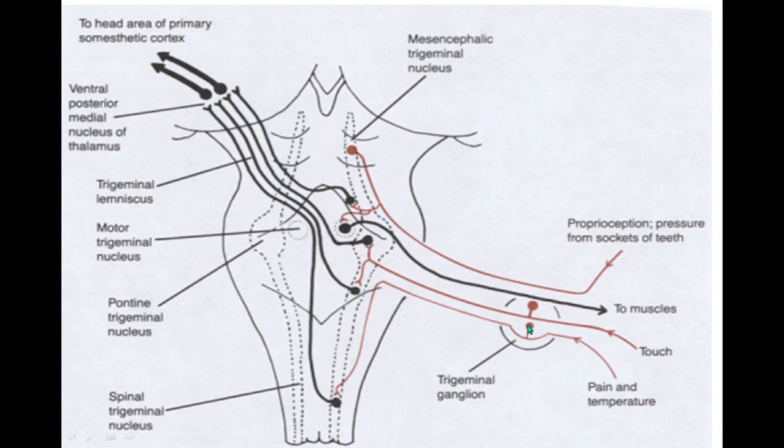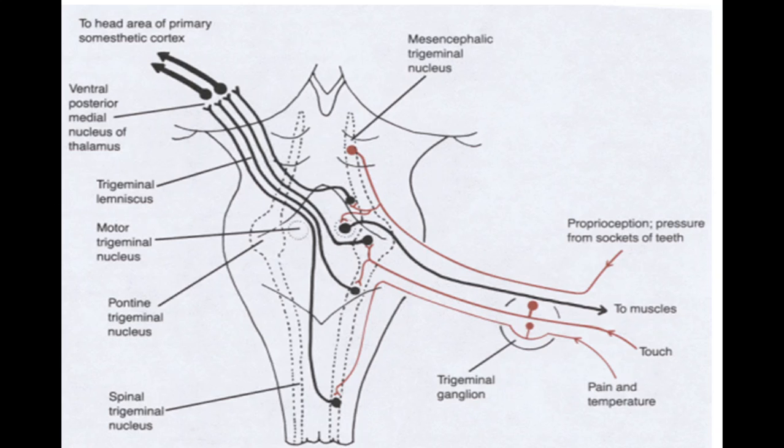So I repeat, the pseudo-unipolar neurons in the trigeminal ganglion, their peripheral process runs along the three divisions of the trigeminal nerve, that is maxillary, mandibular, and ophthalmic, whereas the central process ends in the principal sensory nucleus and the spinal nucleus of the trigeminal nerve.